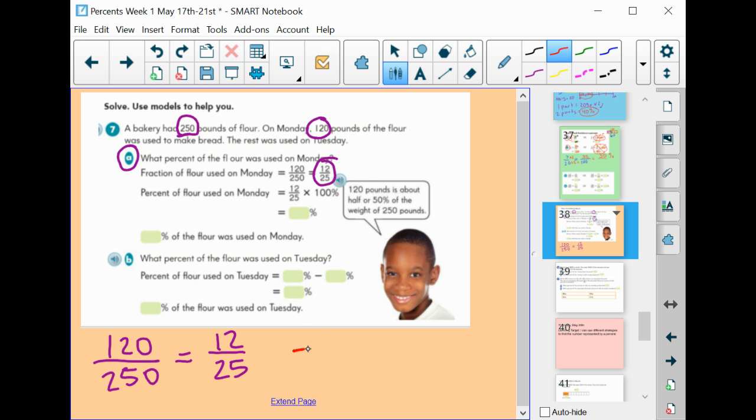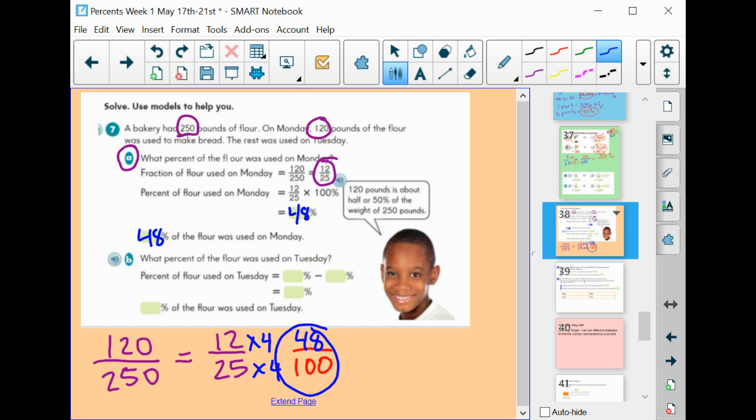Let's turn this into an equivalent fraction with a denominator of 100. Because I see here we can do 25 times 4 equals 100, and now we can do 12 times 4. 12 times 4 is 48. Here is our percent of flour used on Monday, 48%. Okay, so 48% of the flour was used on Monday.